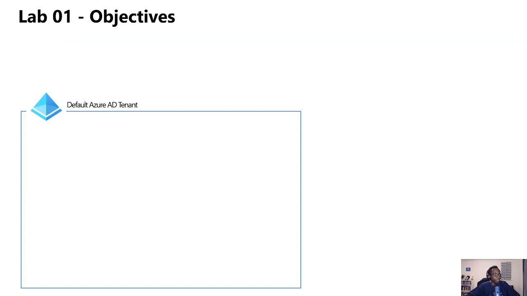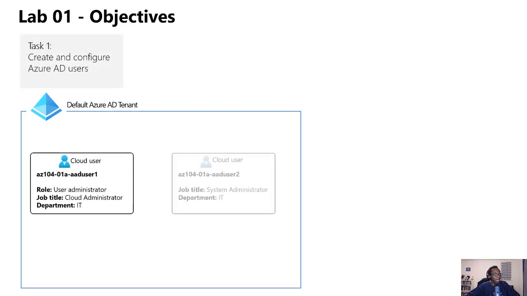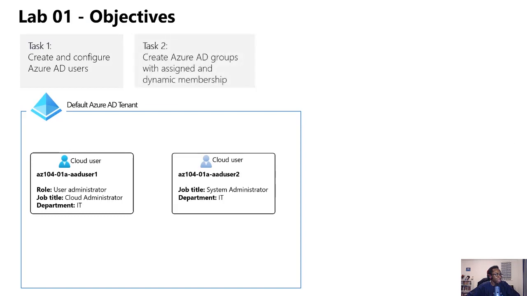So in task number 2, we're going to create Azure AD groups with assigned and dynamic membership. So here's what we're going to be achieving here. I'm going to create a group which has dynamic user membership, and it's going to automatically add anyone that has the job title of Cloud Administrator into that group.